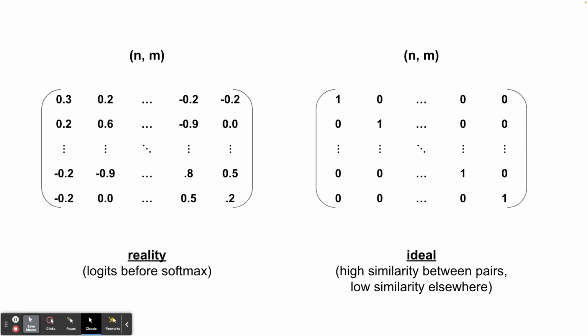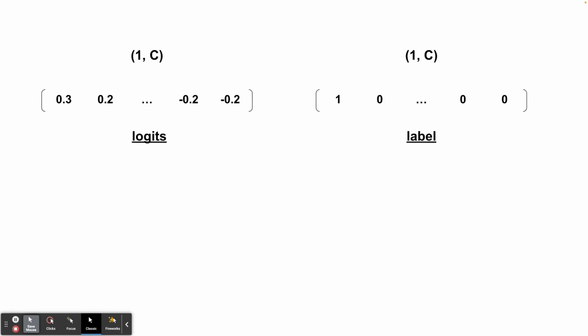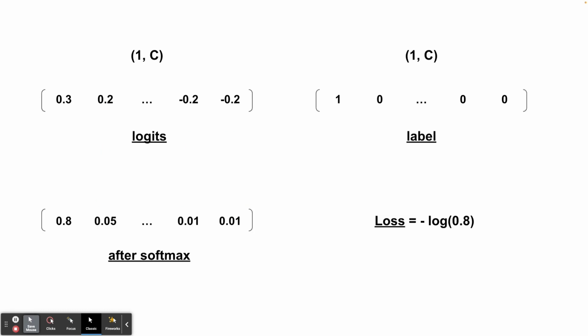When you're calculating the loss, you'll be going row by row, calculating the cross entropy between the logits and the ideal labels. You can think of this as single label, multi-class classification. Your model predicted a bunch of scores, and the true class will be the index along the main diagonal.